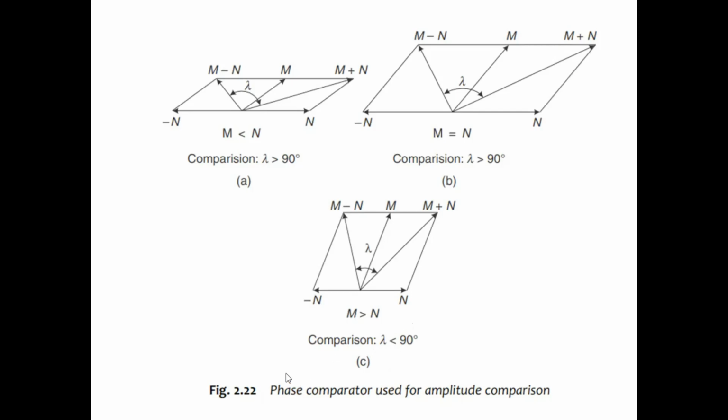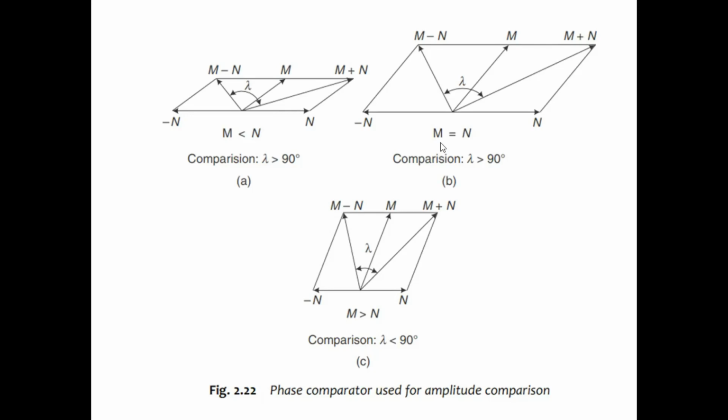Okay, so there are three cases here showing their vector representation according to the comparison. When M is less than N, this is not a relay operating condition. When M is equal to N, the relay is not operated. The relay operates when M, your operating quantity, is greater than N, the restraining quantity. In that case, your lambda is less than 90 degrees.